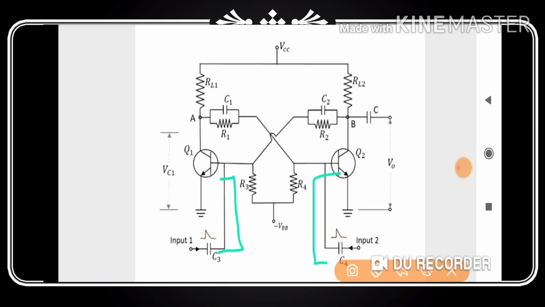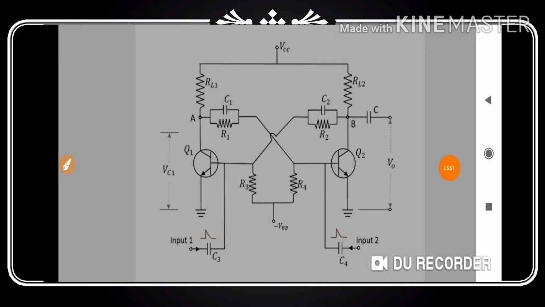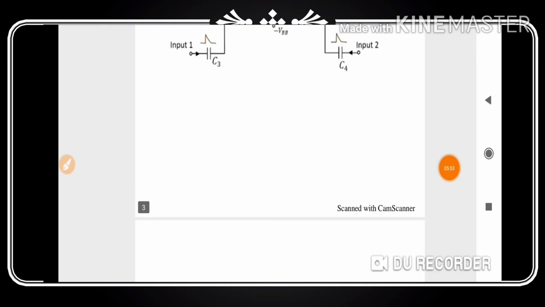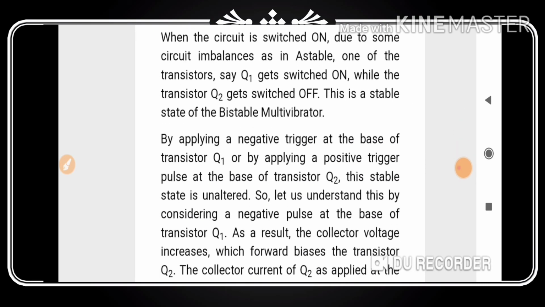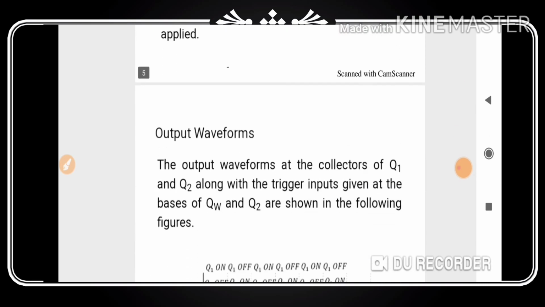Then to change the state again, the negative pulse is given to the base of Q2 and the positive trigger pulse to the base of Q1. This is the operation of the bistable multivibrator.